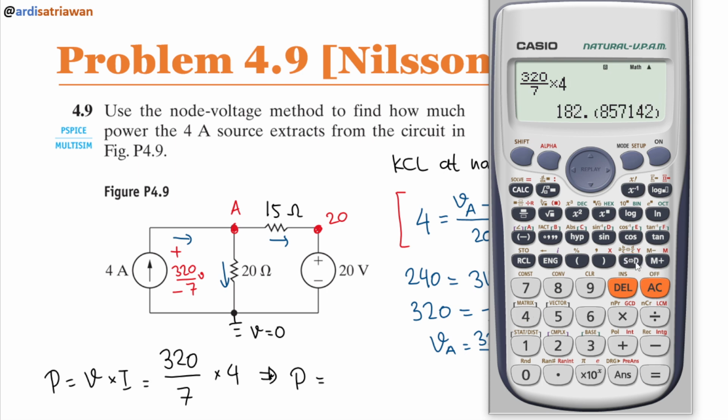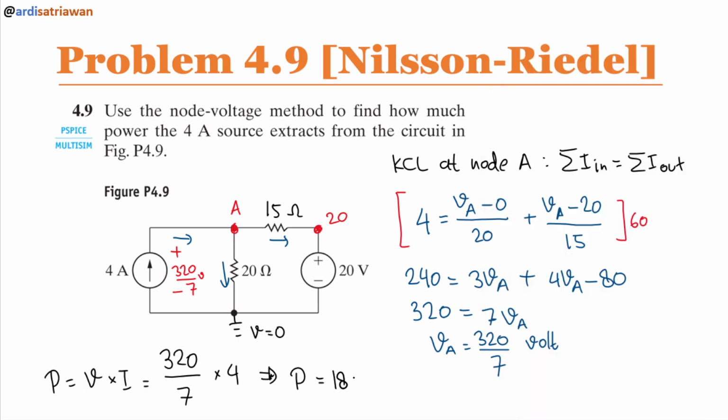That should be 182.9. Okay, maybe let's just write that, 182.9. And the unit here, voltage multiplied by current, will be watt. And I think this is the final answer, and I just want to highlight this final answer here.